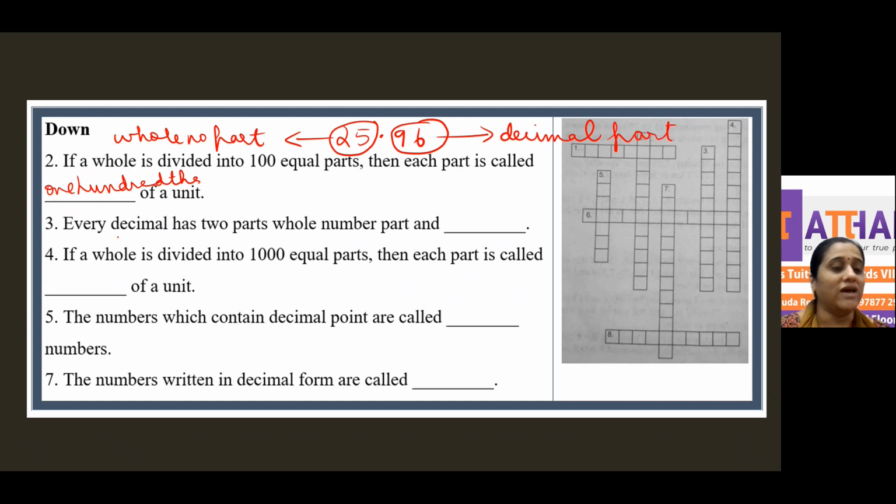So every decimal has two parts: whole number part and decimal part.